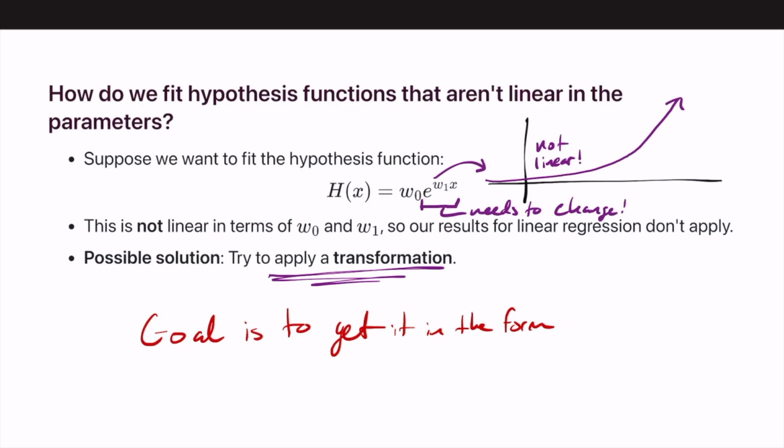Our goal is to get it into the form of, and I'll give you a second to guess, W naught plus W sub 1 times something that goes here, plus whatever Wn something. This is what we want.